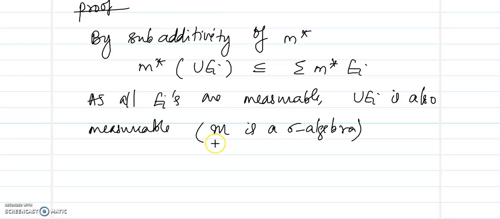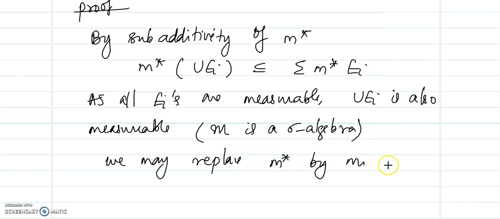If E belongs to script M, then m of E will be equal to m star of E. Here, the E_i and their union are all measurable, so we may replace m star by m, because on script M they are equal.